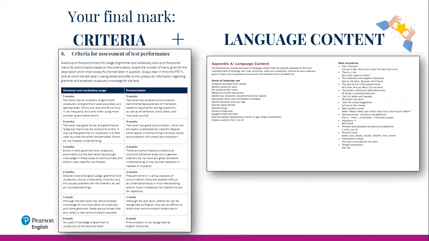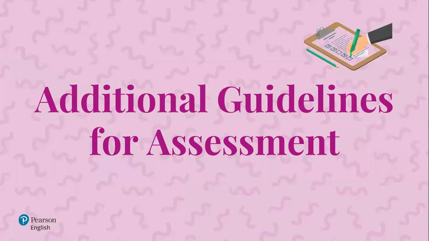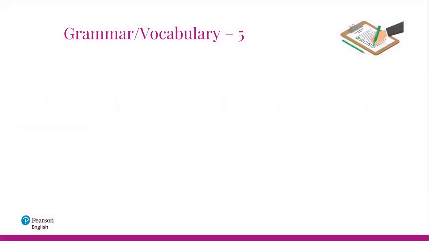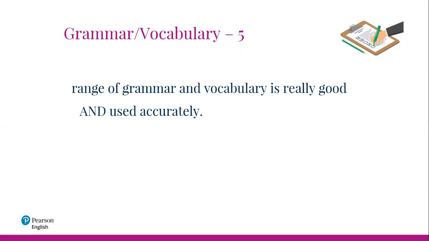But apart from that, I'd like to give you some additional guidelines for assessment, some additional information to help you when you give particular marks. So I'd like to look through particular marks, through particular criteria, and share with you some remarks. So grammar and vocabulary. When you want to give 5, remember that 5 means that the range of grammar and vocabulary is really good.